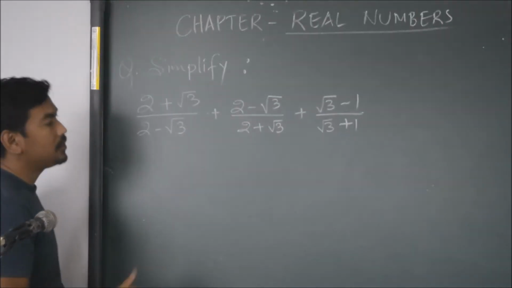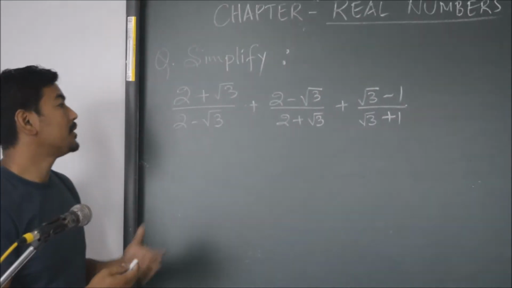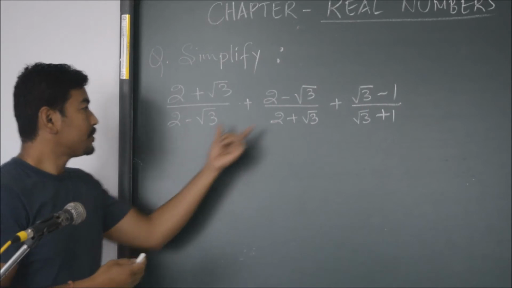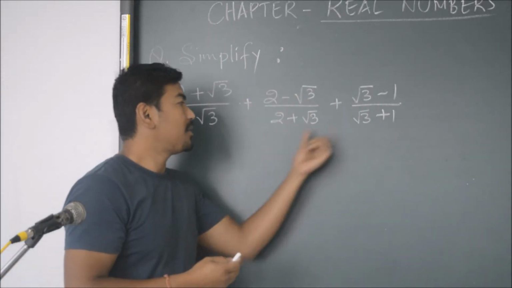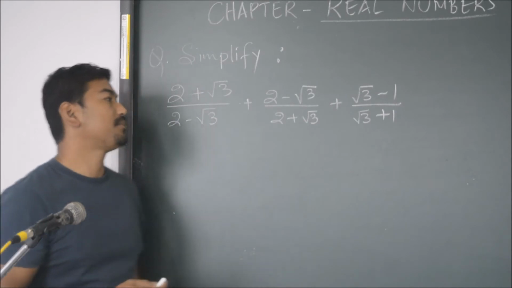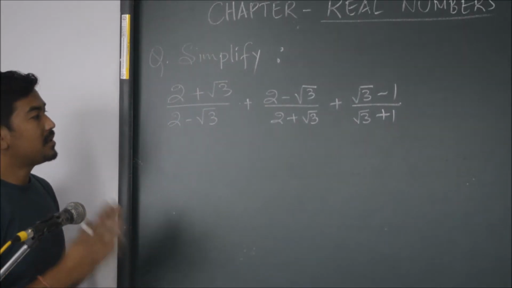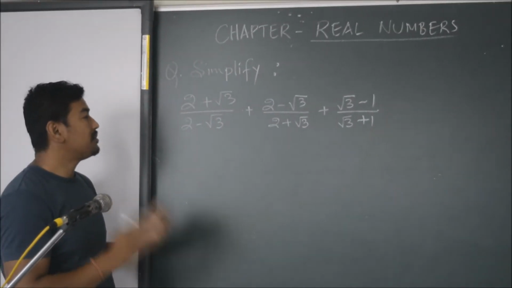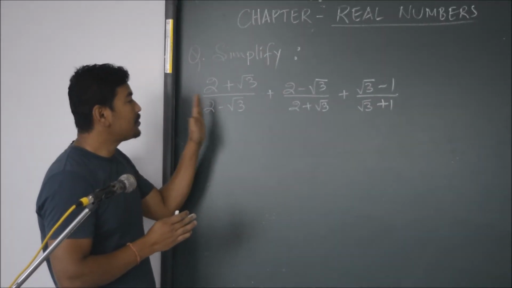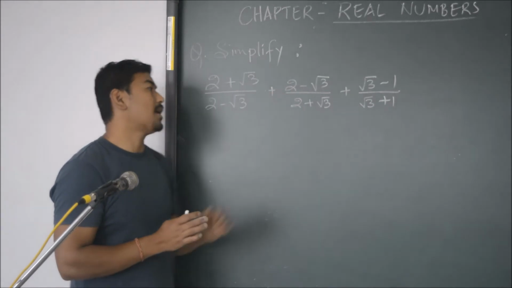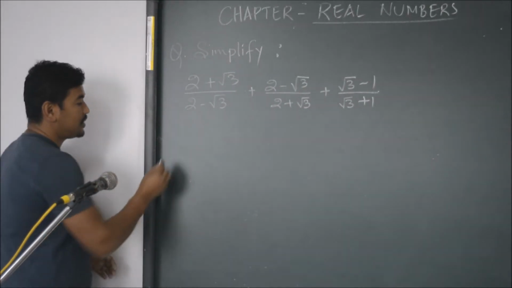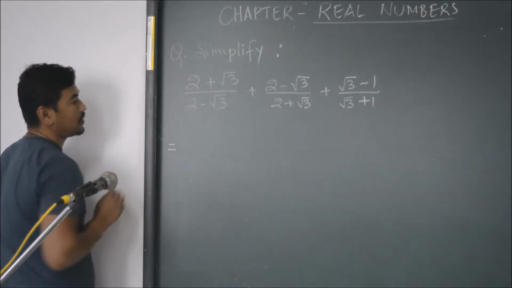So what you do here is that we'll rationalize this part separately, this part separately, and this part separately, keeping this plus sign in each step. So the basic way to solve this question is simply rationalizing the denominator, but you have to rationalize the denominator in each part, the first part, second part, third part, 3 times. So let me show you how to solve this one.